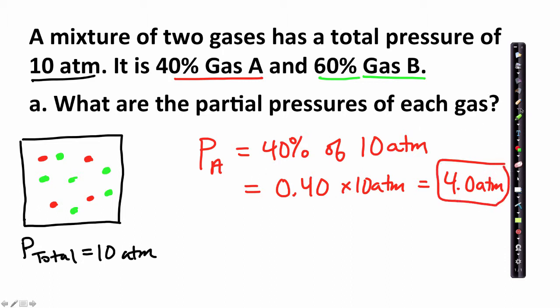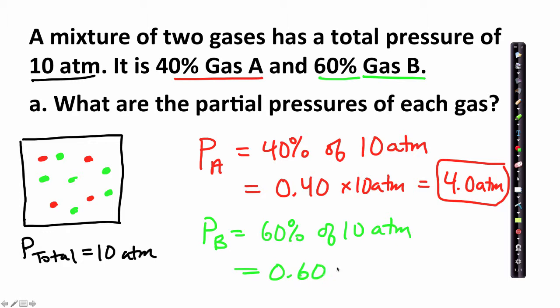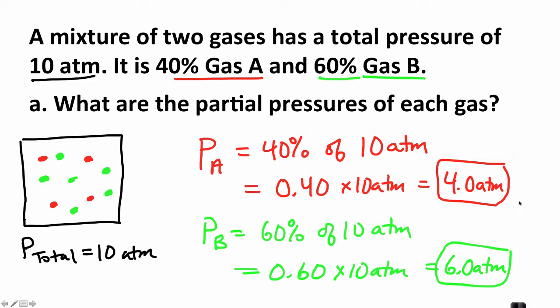And the pressure of gas B would be 60% of 10 atmospheres, or 0.6 times 10, which would be 6 atmospheres. And that seems pretty logical, and in fact it is exactly what happens. The partial pressure of each gas is the fractional amount of each gas, the percent essentially, but as a fraction, of each gas, times the total.